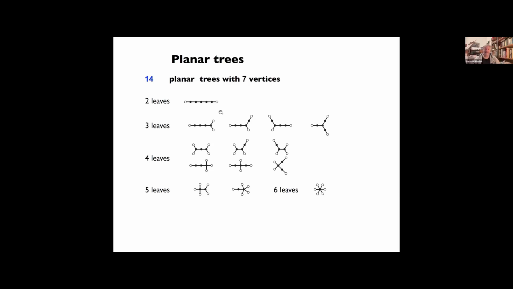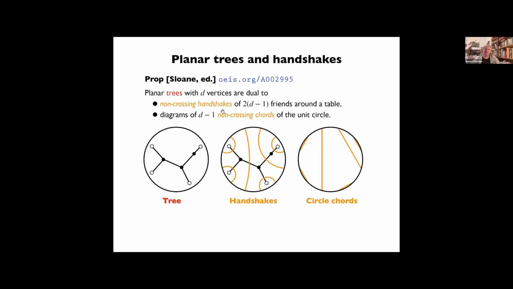And next slide. So, the Online Encyclopedia of Integer Sequences here. It is sequence number 2995. And it classifies the planar trees up to orientation preserving equivalence, which is the same as handshakes.